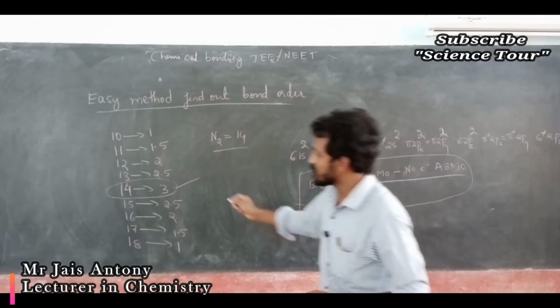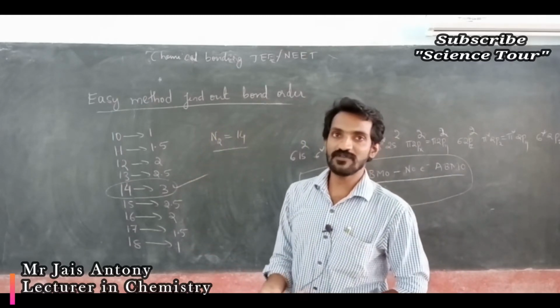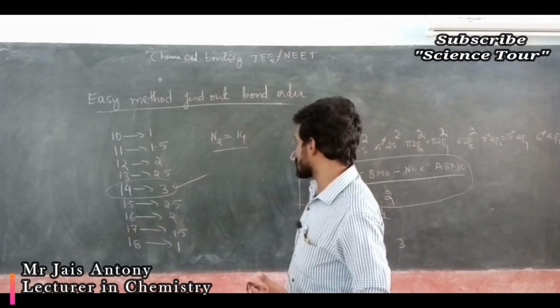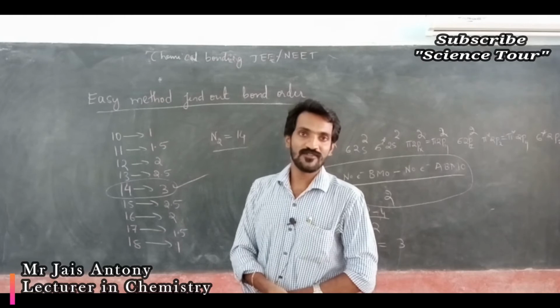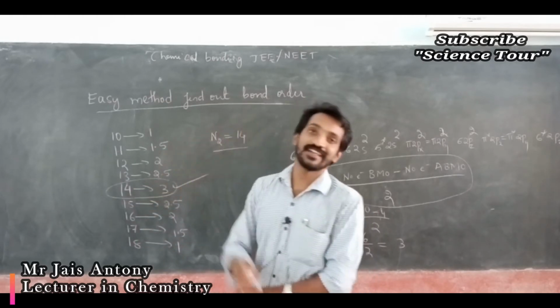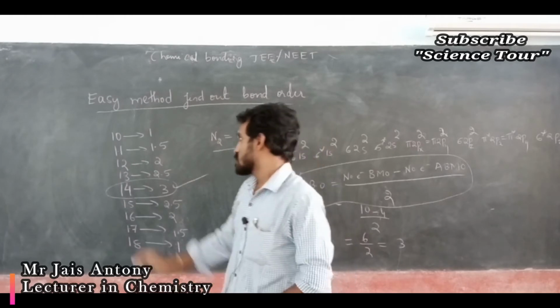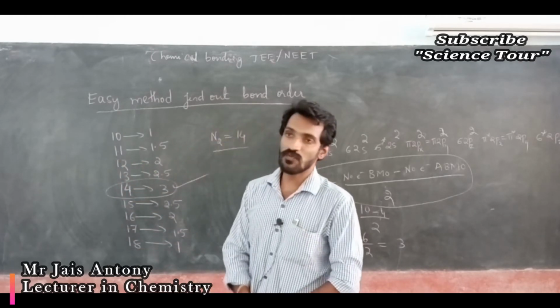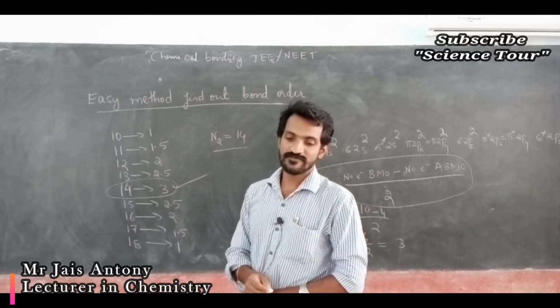That you have got 3. Instead of wasting time, you just choose this system. 14 electrons, 3 bond order. 13 electrons, 2.5 bond order. 12 electrons, 2 bond order. 11 electrons, 1.5 bond order.